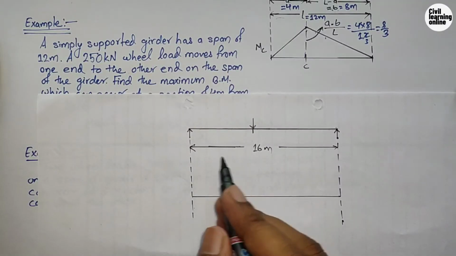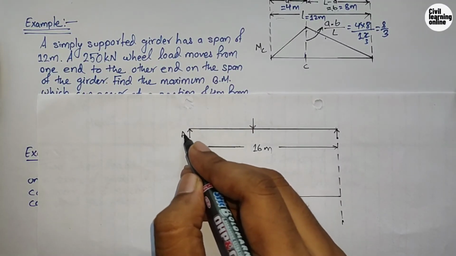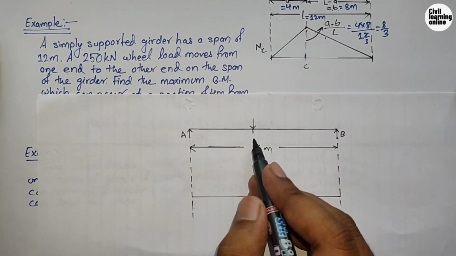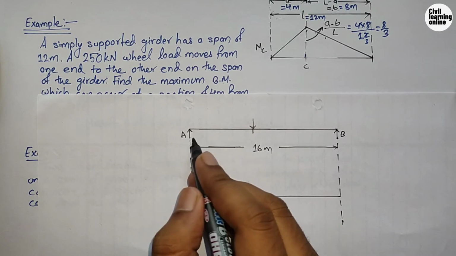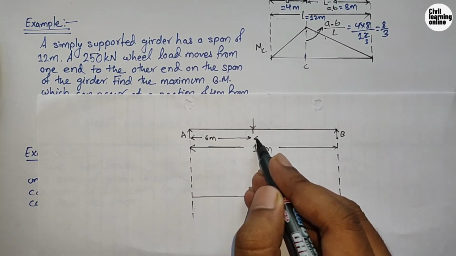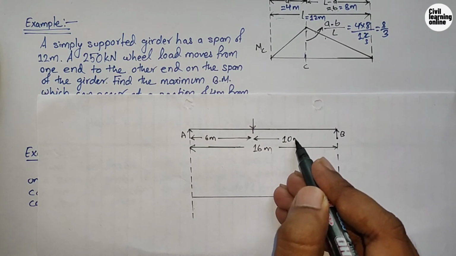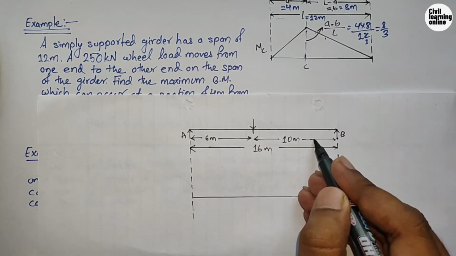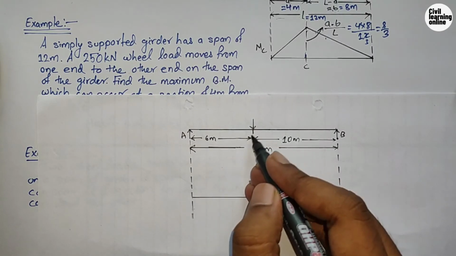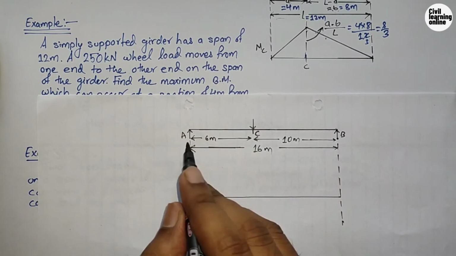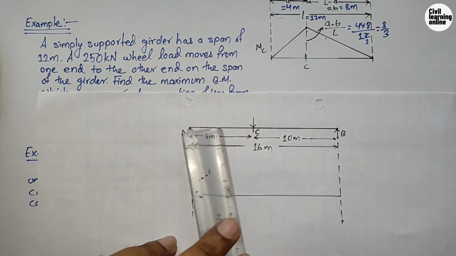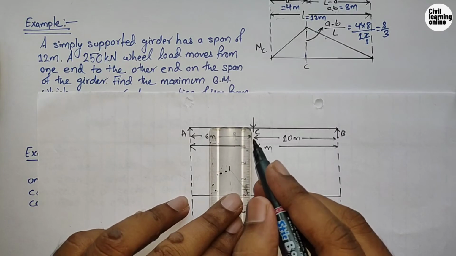Here I have drawn a girder AB of span 16 meter, and we are asked to calculate the maximum bending moment at a distance of 6 meter from the left support, so the remaining span is 10 meter. For the influence line diagram, let this point be C, which is at a distance of 6 meter from A, and we need to calculate the maximum bending moment under this point C as per the question.